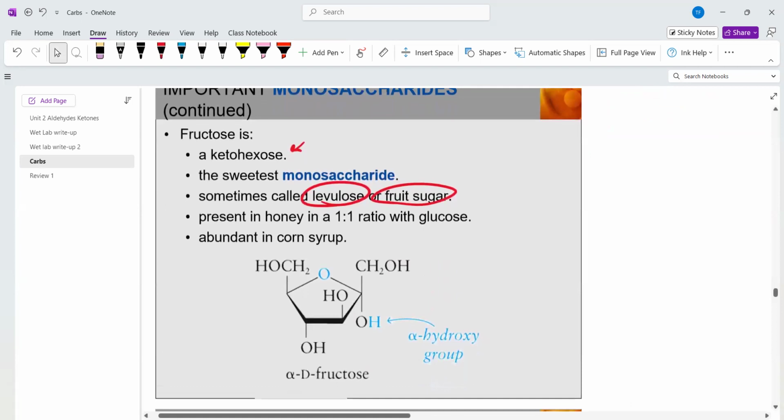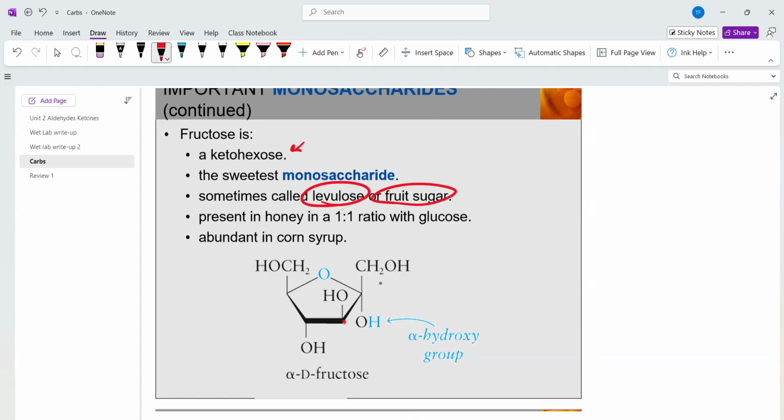Now, fructose is a furanose, meaning it's a 5-membered ring. The way I remember to draw it is the opposite of glucose. So if the OH group here goes down with glucose, fructose is the opposite. Instead of going down, up, down, this goes up, down, up.